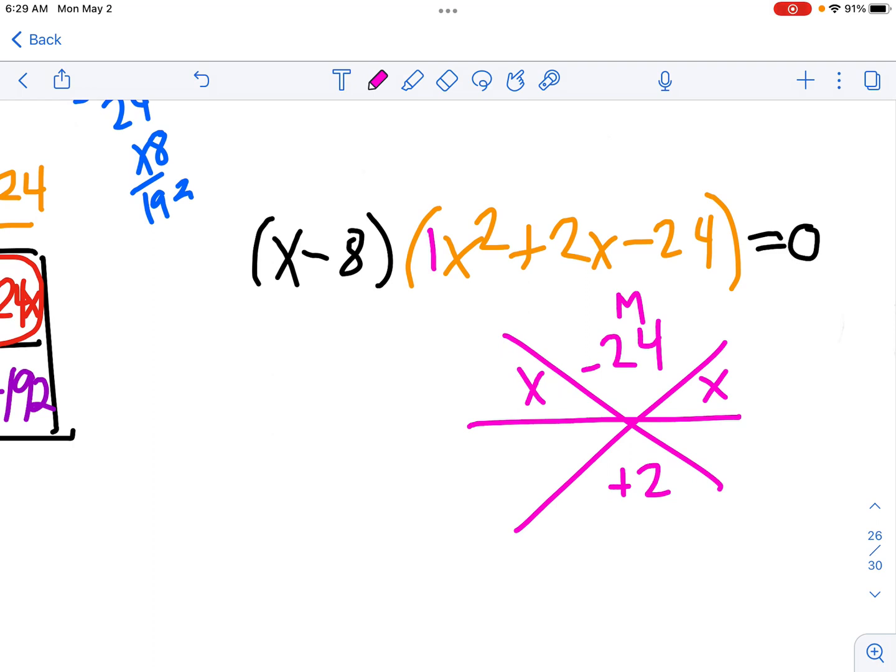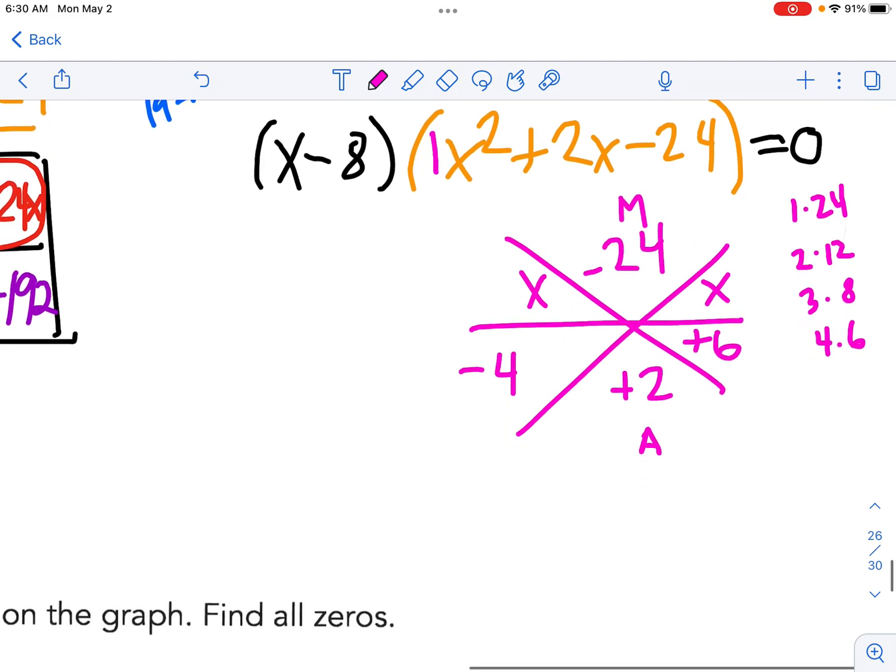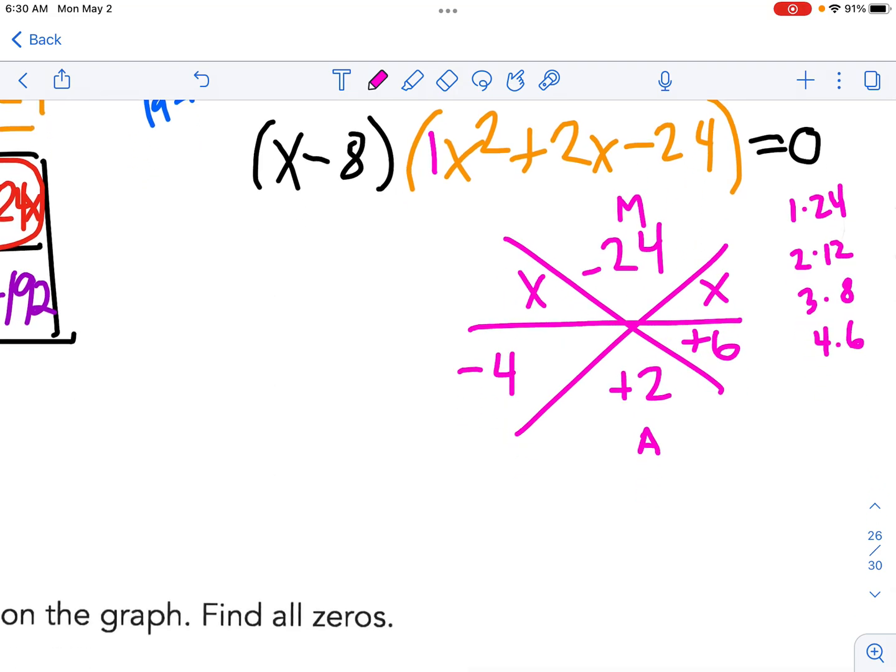So we multiply to 24, because 1 times 24 is 24, and we add to 2. Our factors of 24 are 1 and 24, 2 and 12, 3 and 8, 4 and 6, and there they are. We need a 4 and a 6, and we need a positive 2, so I need a positive 6 and a negative 4.